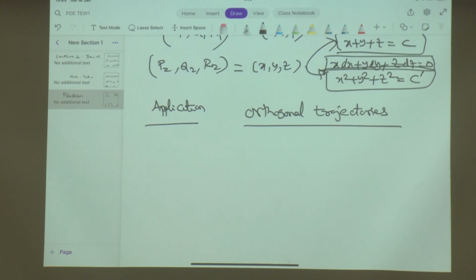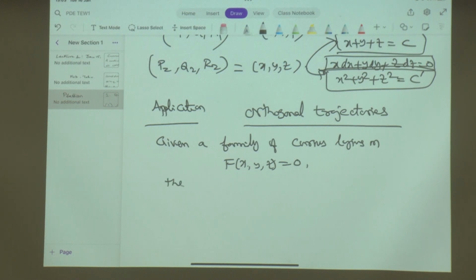So what is this problem? Given a family of curves lying on f of x, y, z equal to 0. So this is a surface, and we have a family of curves which are given.